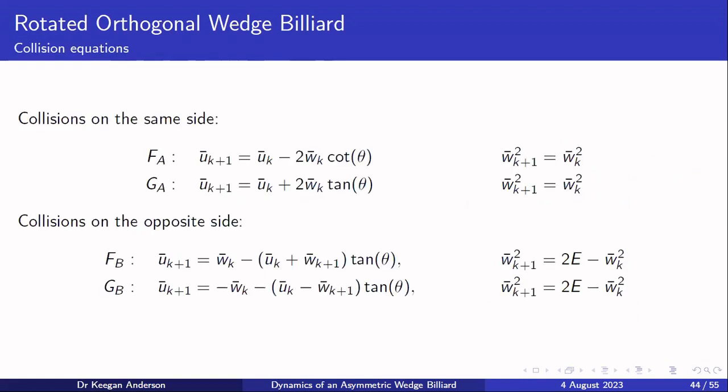The collision equations, those horrible things I had earlier, actually become something very nice that we can work with. I've illustrated it here. The top two are collisions on the same side, left-hand side and then right-hand side, F of A and G of A. And the last two are collisions on the opposite side, F of B going from left to right, and G of B going from right to left.